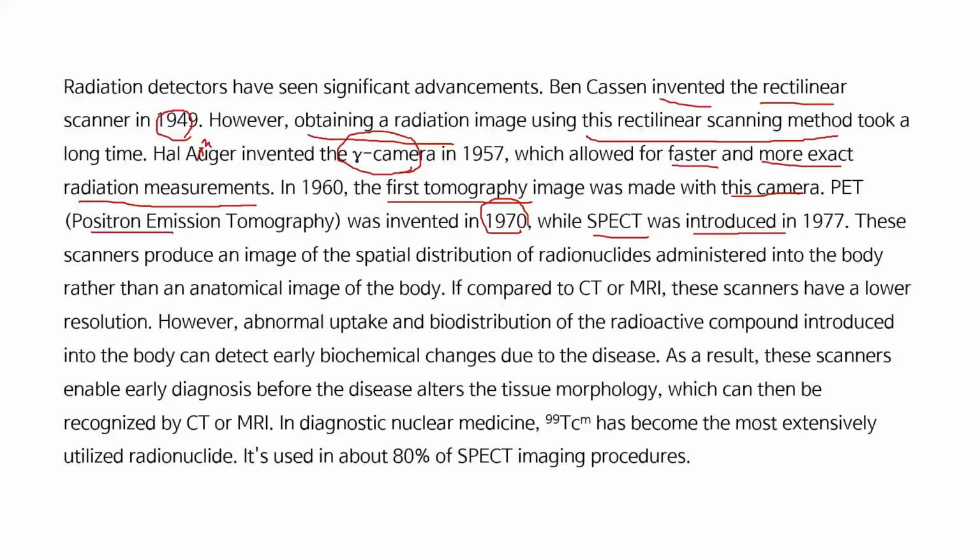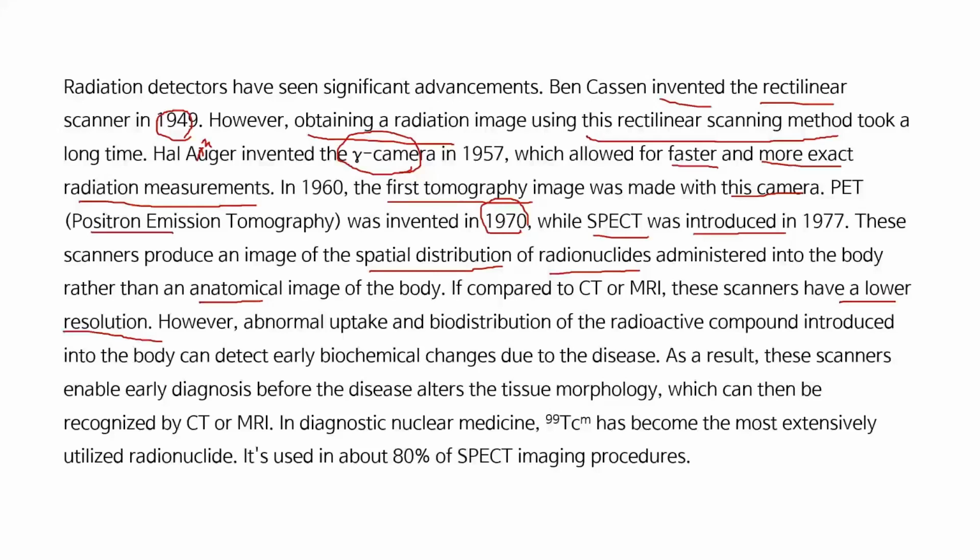These scanners produce an image of the spatial distribution of radionuclides administered into the body rather than an anatomical image of the body. If compared to CT or MRI, these scanners have a lower resolution.